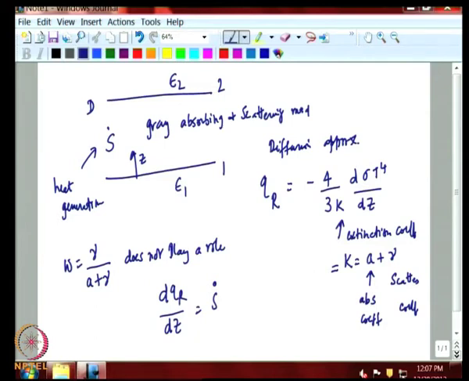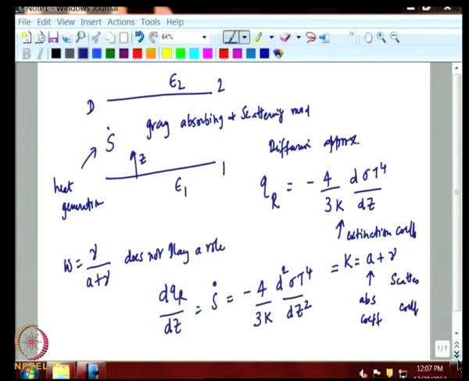And from the equation we have here, it is minus 4 by 3K d squared sigma T to the power of 4 by dz squared equals S dot. Okay. So, that is your differential equation. Solving this part is of course fairly straightforward. The challenge comes in when you want to apply the boundary condition.